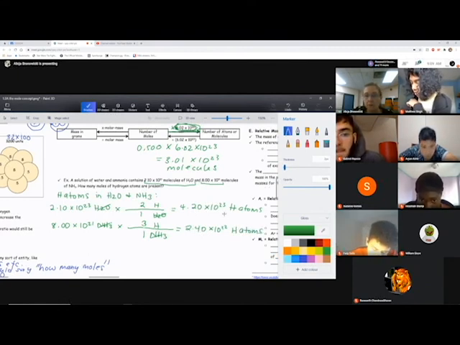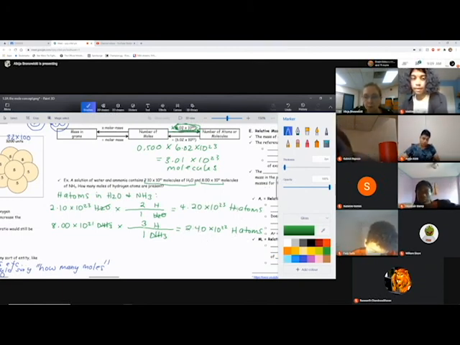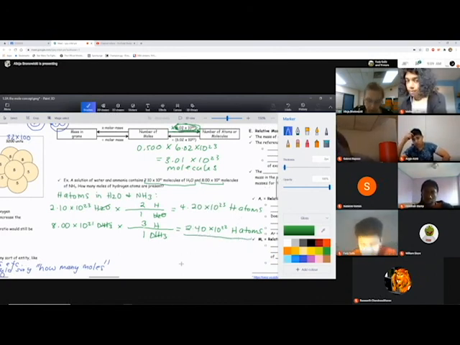Okay, so I figured out how many hydrogen atoms I have. And now I'm going to add them together and figure out my total number of hydrogen atoms.